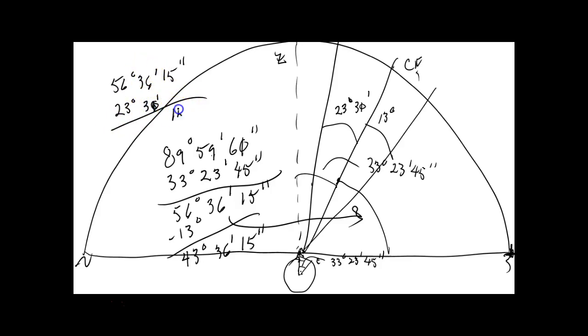Okay? So the 15 seconds comes down. I can add that. 30 and 36 add to what? 66, but that's 66 minutes. So that would be 6 minutes, carry 1 degree.